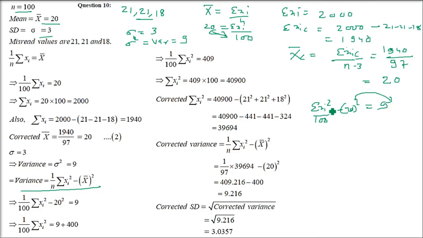So 9 plus 20 square into 100 is going to be the original sigma xi whole square, and this 40900 has come.